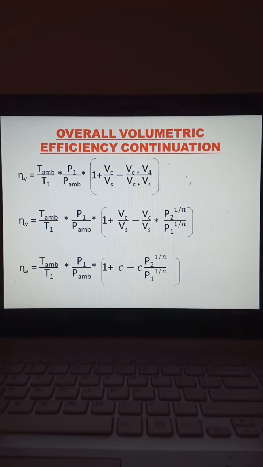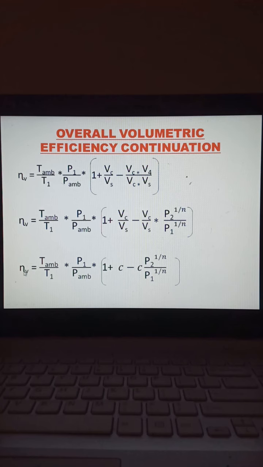Its value usually lies between 4% to 10%. The clearance ratio is the ratio between the clearance volume and the swept volume. So when I replace Vc divided by Vs with clearance ratio C, our equation looks like this.